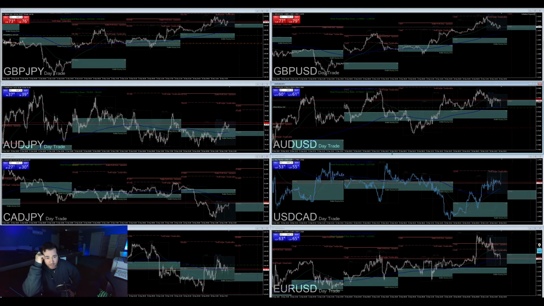FOMC used to move a lot more, even when they don't change the rates. It used to be a lot more of a move. All news used to move the markets quite a bit more. I'm hoping I don't regret the decision by not taking the Australian yen.